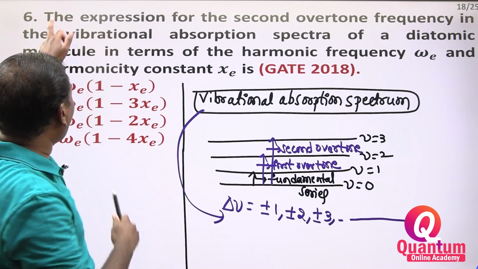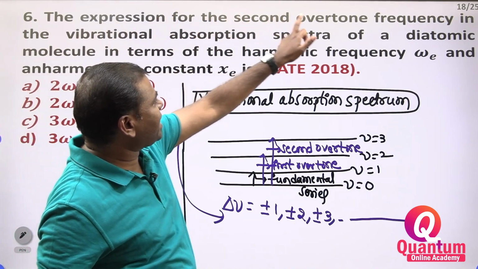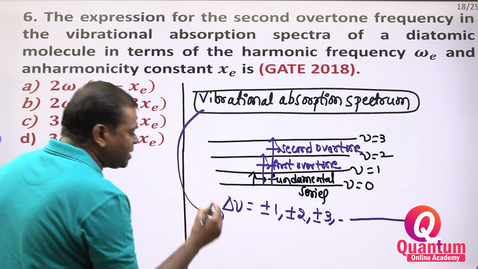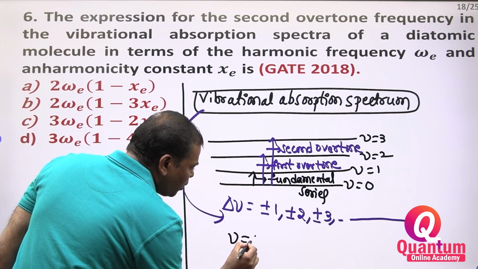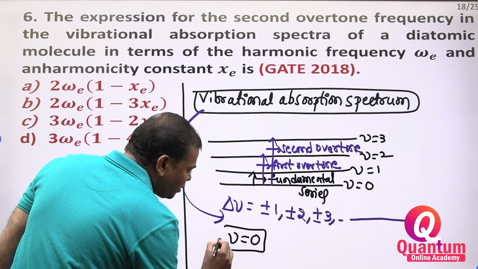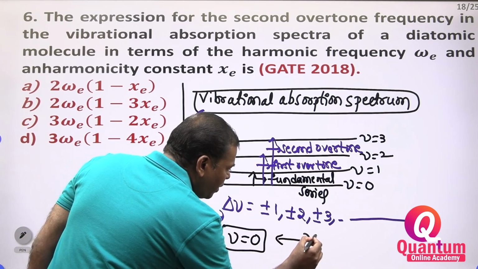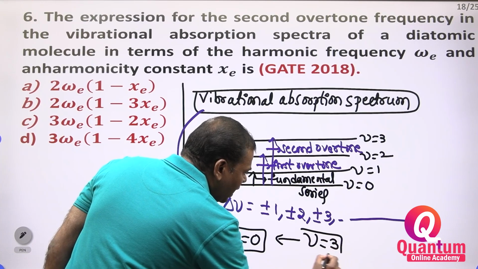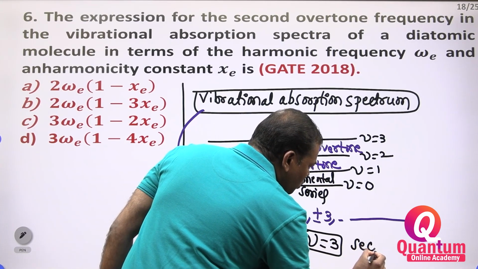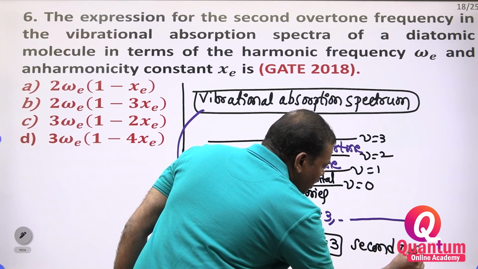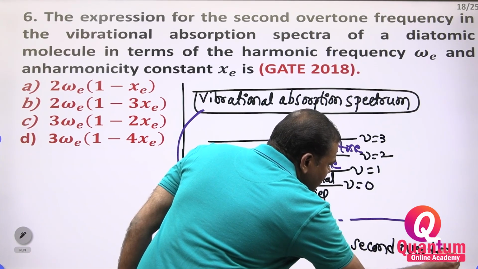What are they asking now? You have to see the expression for the second overtone. What is the second overtone? From nu equal to 0 to nu equal to 3, we call this the second overtone.